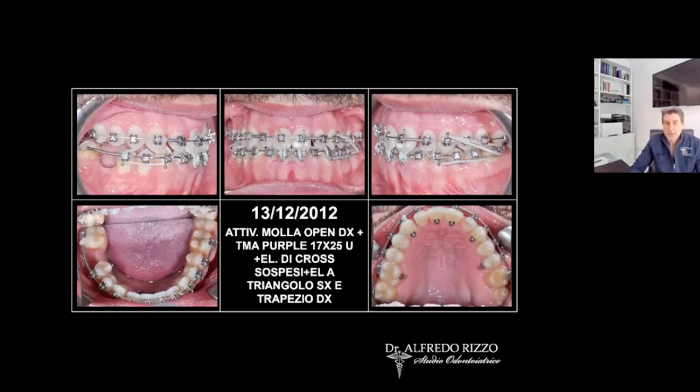Throughout our treatment, the expansion of the upper jaw remains sufficient, and we continue on improving the bite, detailing it, closing the gaps between the teeth.